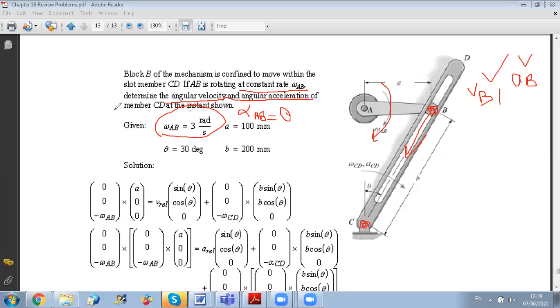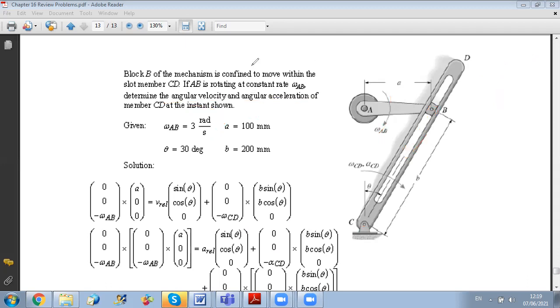Okay? So to start with, the first step is to find the velocity of B and the acceleration of B. I can use the vectorial method, and I can use a much easier method, because whenever I have rotation about a fixed axis, I can say directly that the velocity of B is perpendicular to AB. So since AB is horizontal, the velocity of B will be vertical downward, since omega AB is clockwise.